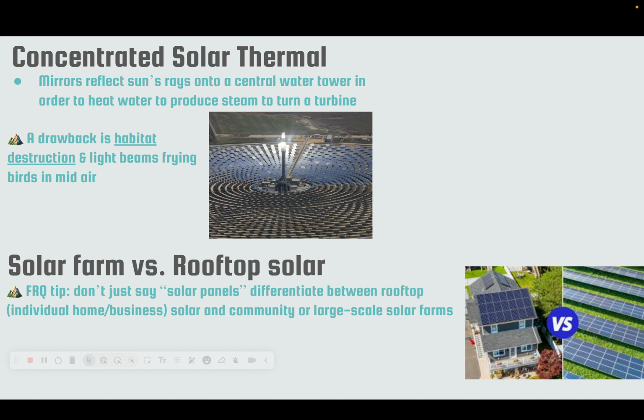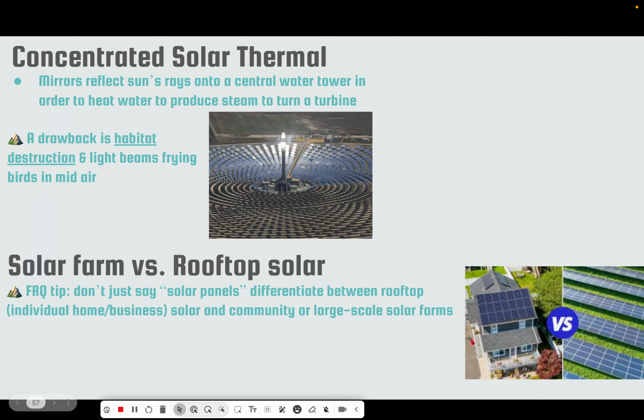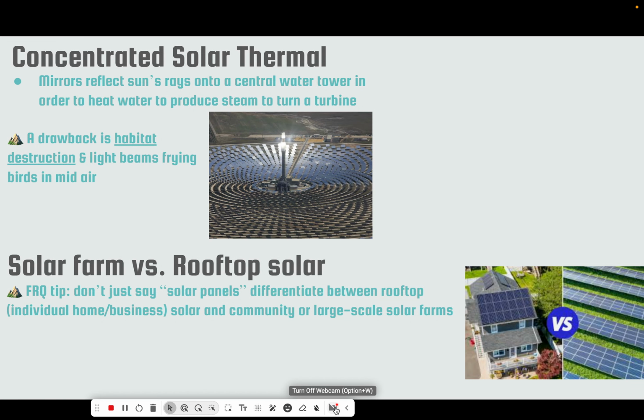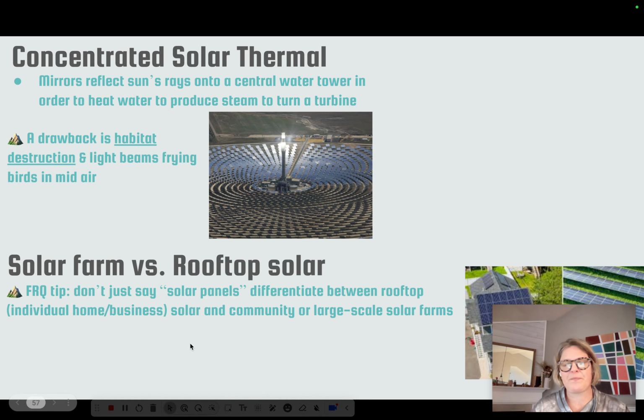And then what's the difference between having a solar farm versus the rooftop solar situation? I just want to give you an FRQ tip about this. Rooftop solar would be like this kind of a setup versus a farm setup. If you see anything about this on an FRQ, don't just say solar panels.